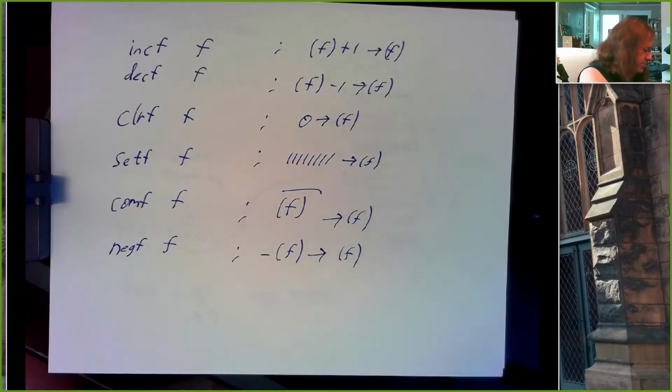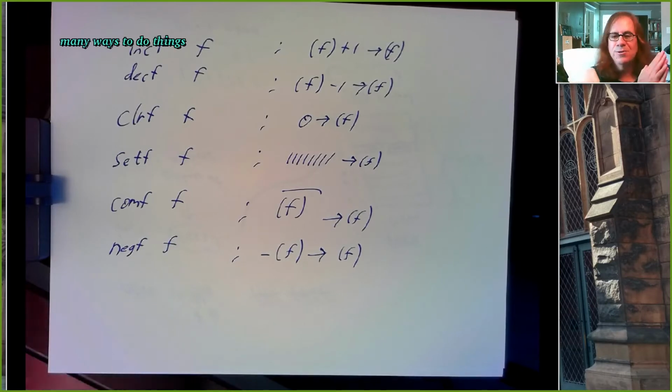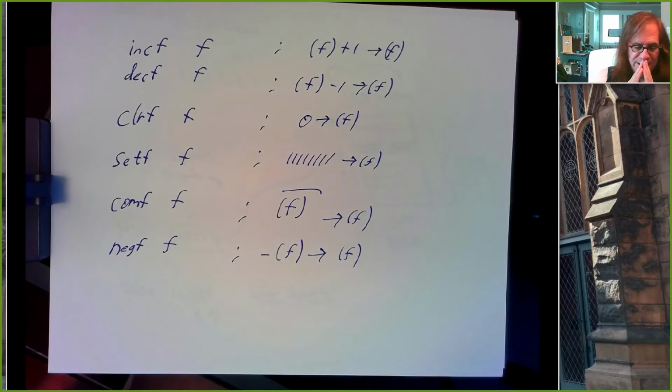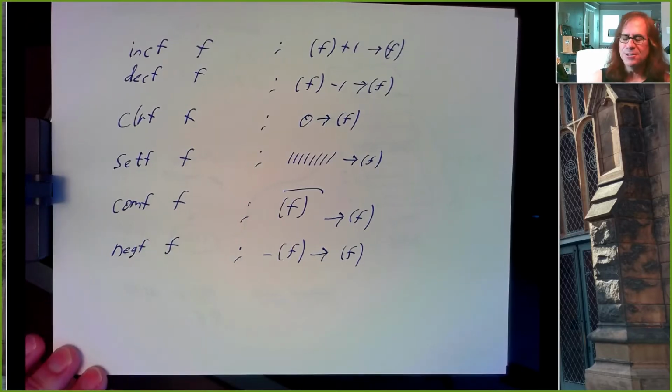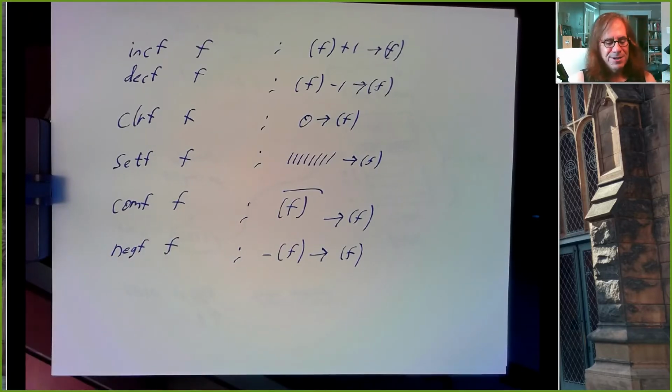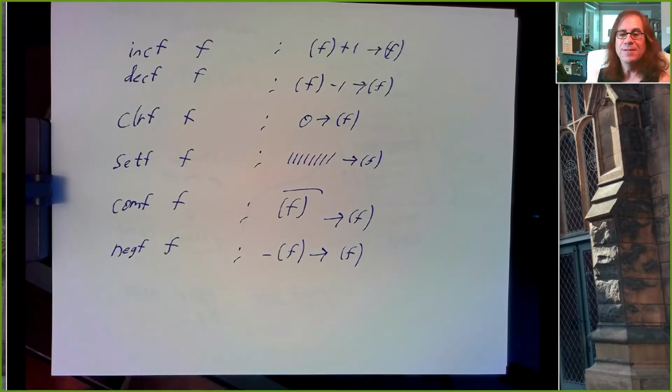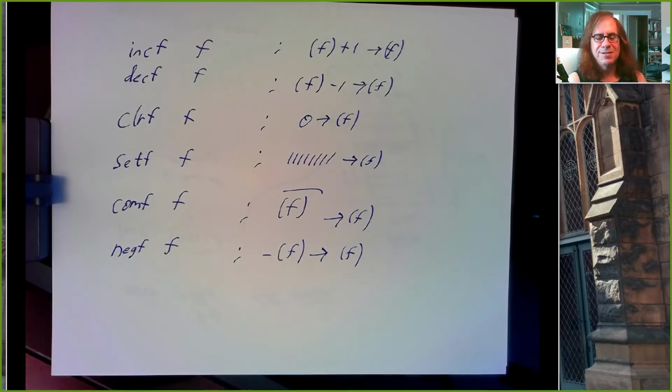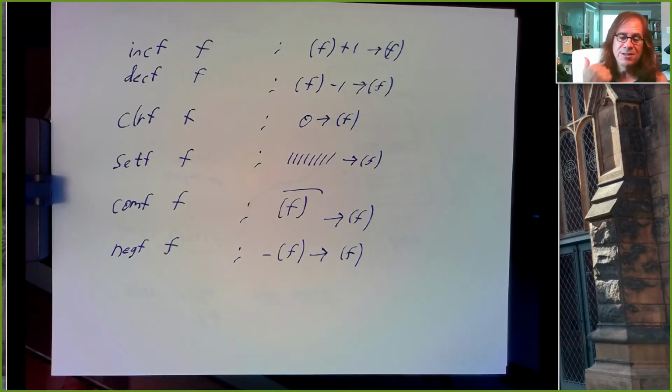So there's a moral to the story here, which is that in general there's many ways to do things in assembly language. And sometimes, there's one instruction, you can just use that instruction and you're done. But if there isn't, there's still usually more than one way to do something. And this becomes part of your signature, your fingerprint when you write code, is how you think about breaking things down into smaller pieces.